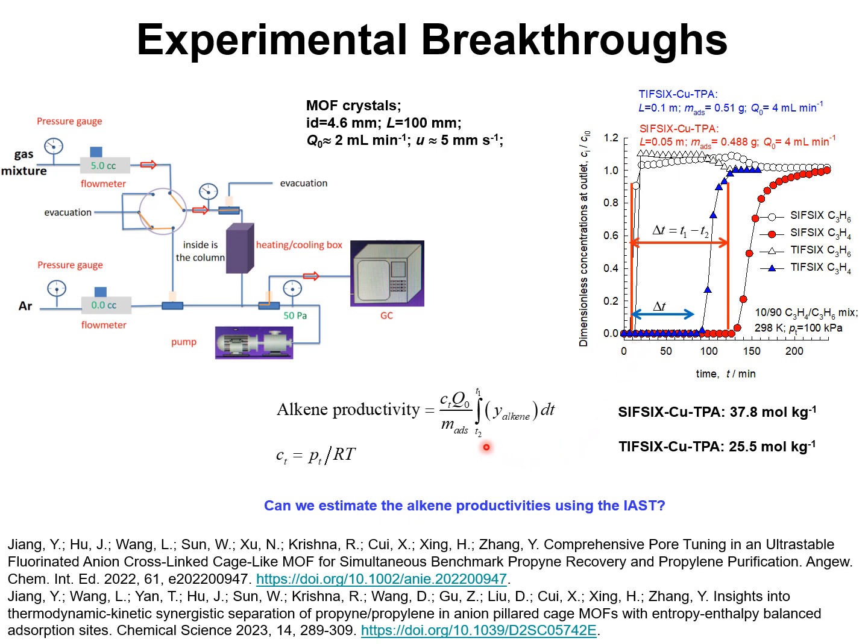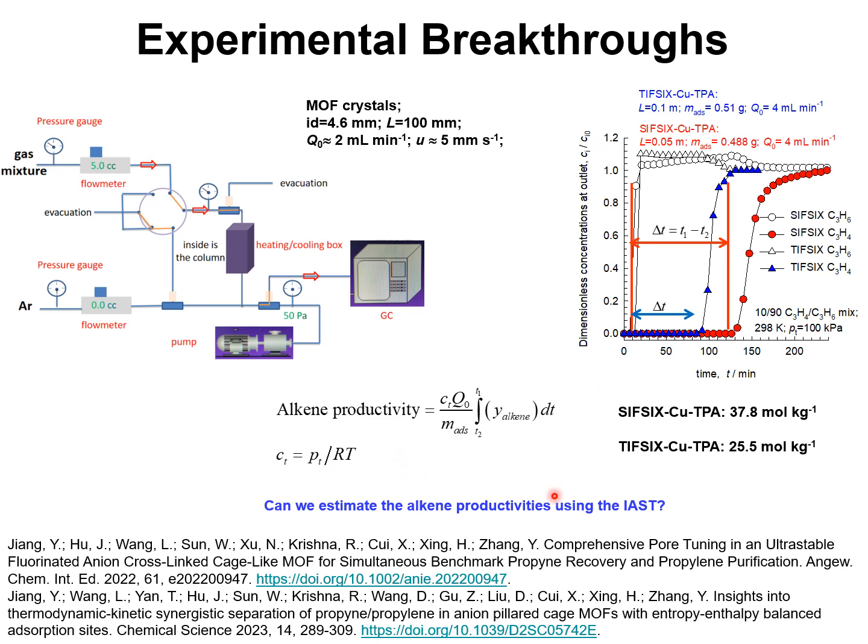So we integrate between T2 and T1, and this is the mole fraction of alkene in the gas mixture exiting the tube. And this is the integral with respect to the time.